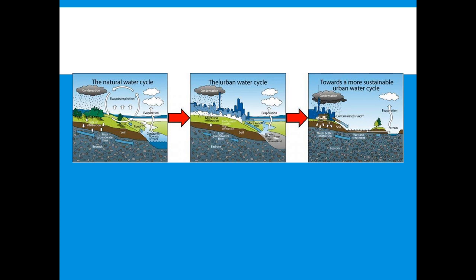As we add more urban areas, we have more runoff, less water infiltrates, which causes more point source and non-point source pollution. The idea of a more sustainable method is reducing the amount of impervious surfaces and allowing more water to infiltrate, and then catching the contaminated water and treating it before it goes off into the groundwater or into the surface water.